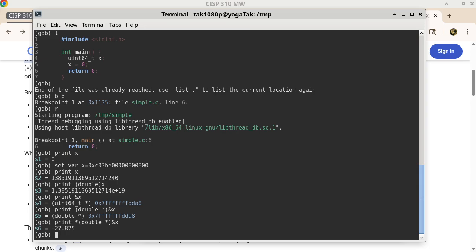Is that okay? So as I said, I do not expect you to be able to come up with this way to double check and verify the bit pattern is in fact representing negative 27.875. But when I explain the steps, you should understand every step along the way. What is typecasting? What I'm casting, okay?